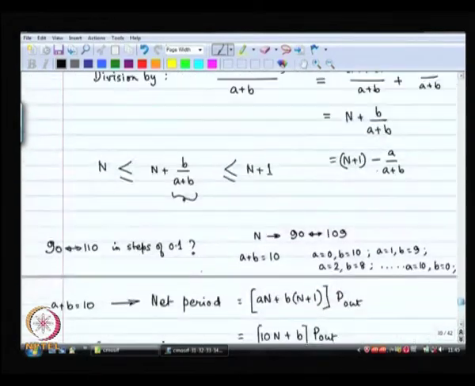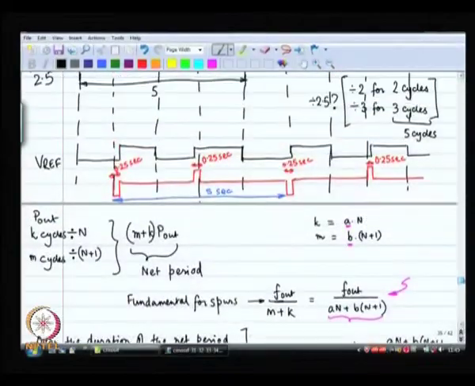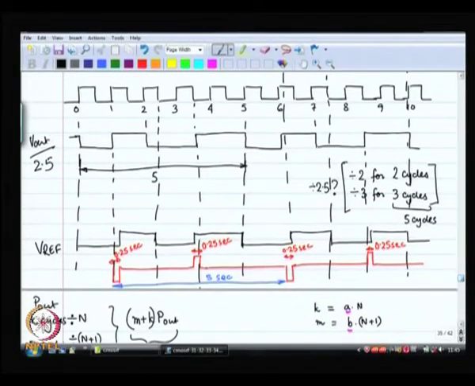Did it come from mismatches? No, it did not come from mismatches. It came systematically. Take a look at that, right. It came systematically. The way I divided my output frequency to compare it with the reference frequency, that very technique introduced equal and opposite up and down pulses of certain durations, remember, right.